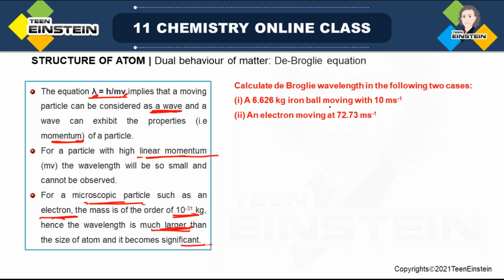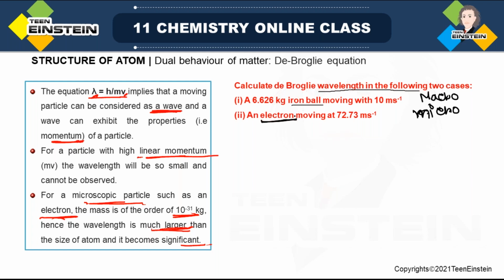Here we have this problem which says: calculate the De-Broglie wavelength in these two cases. The first case is an iron ball, that means it is a macro object. The second one is an electron, that means it is micro, very small.